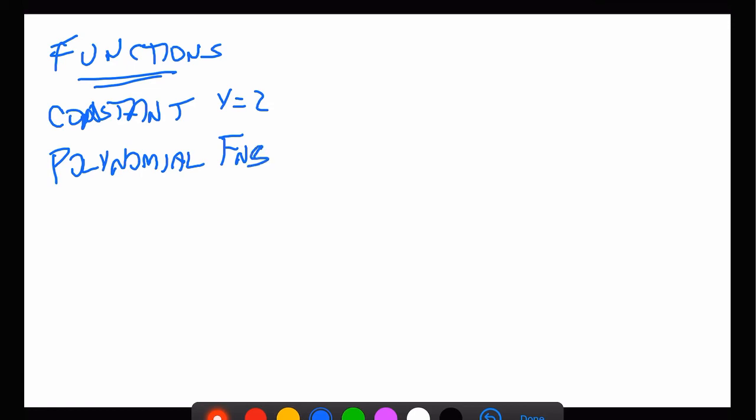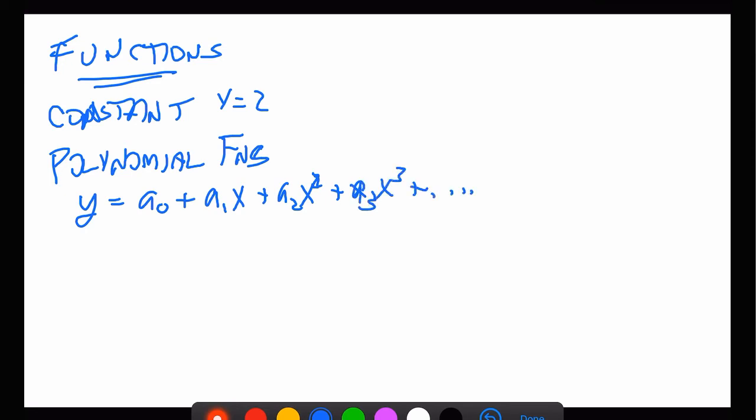Polynomial functions are this kind of function. That's a squared. All the way out to infinity. Okay? A to the n, x to the n.